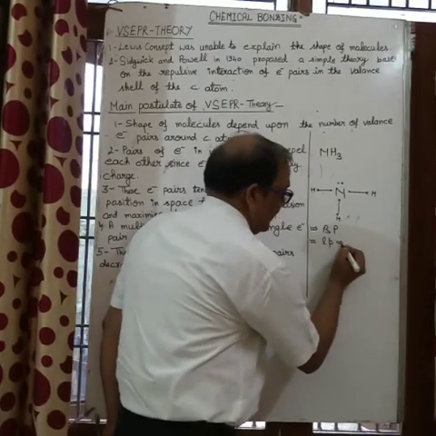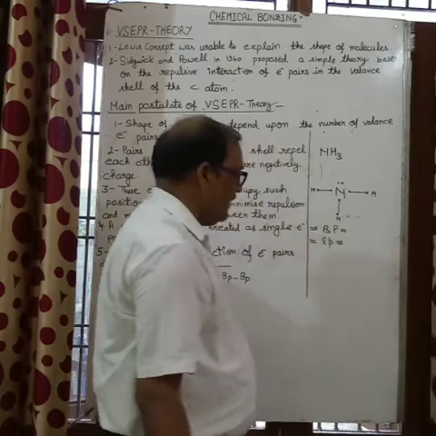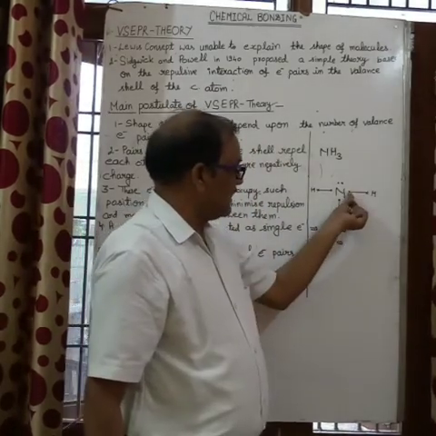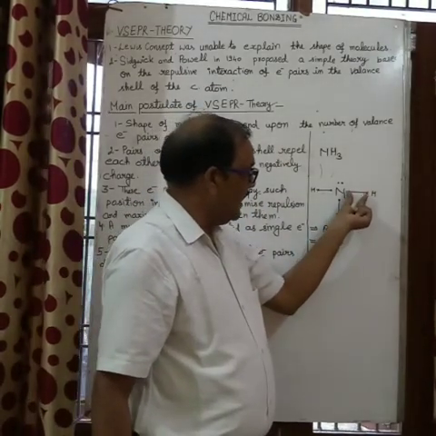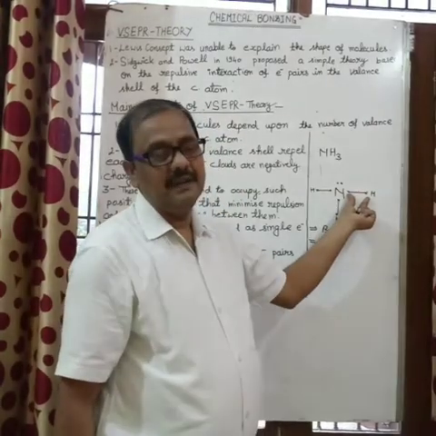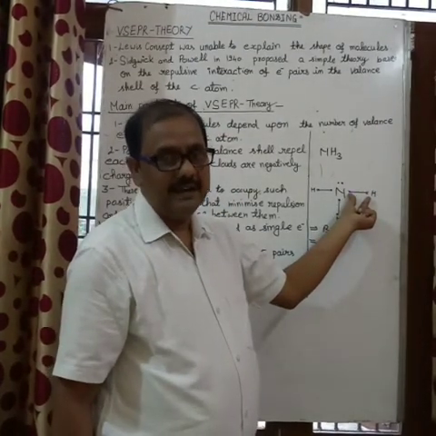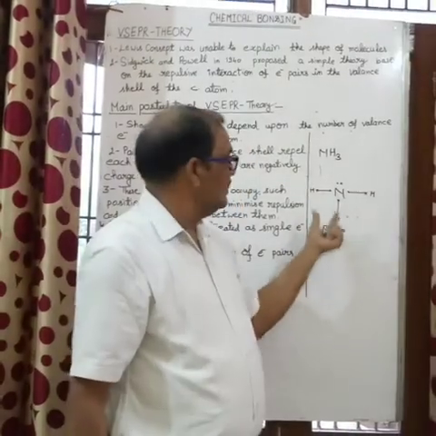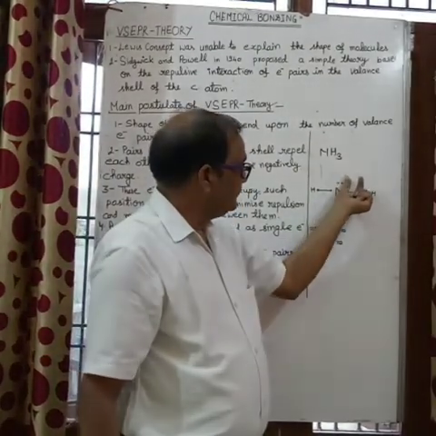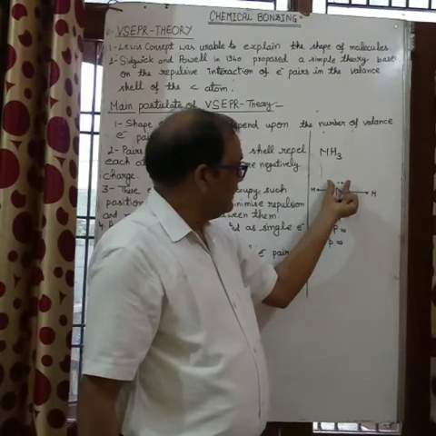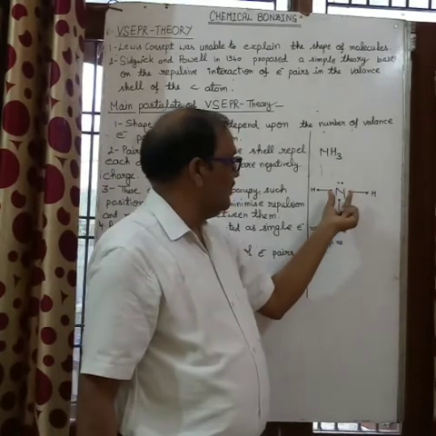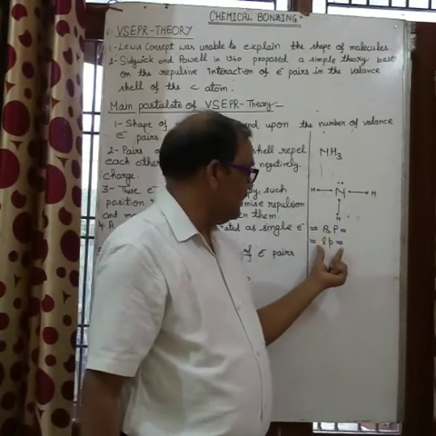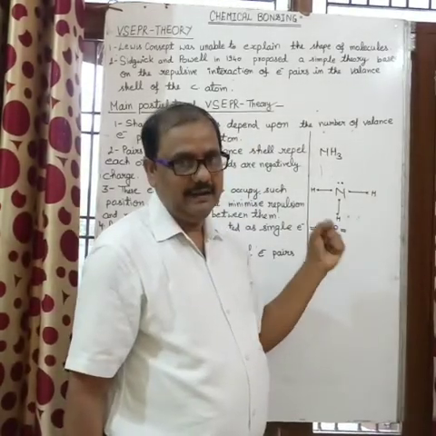Bonding electrons are the electrons which take part in bond formation, and the lone pair electron, that is a non-bonding electron, is present in the outermost shell or valence shell of the central atom.